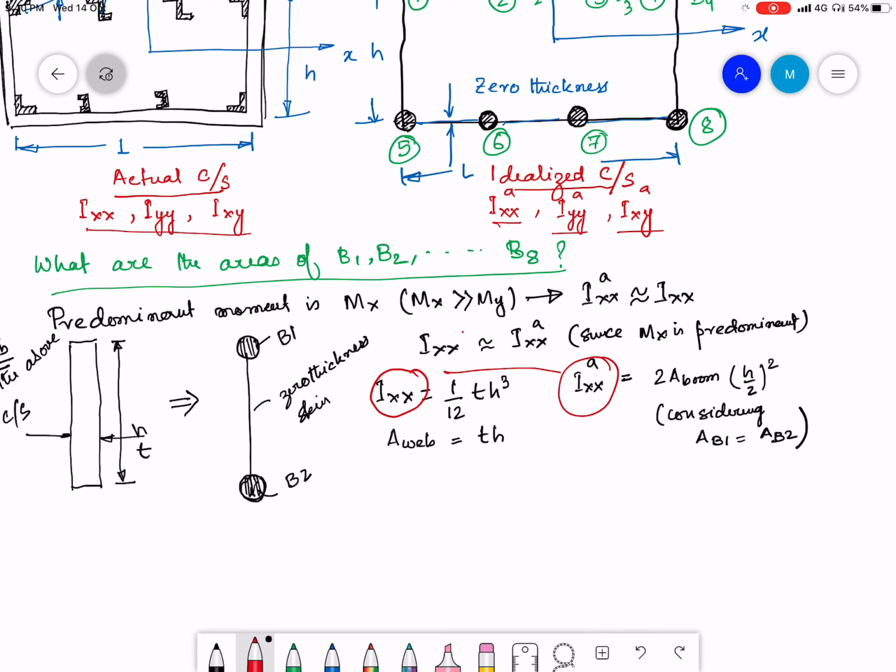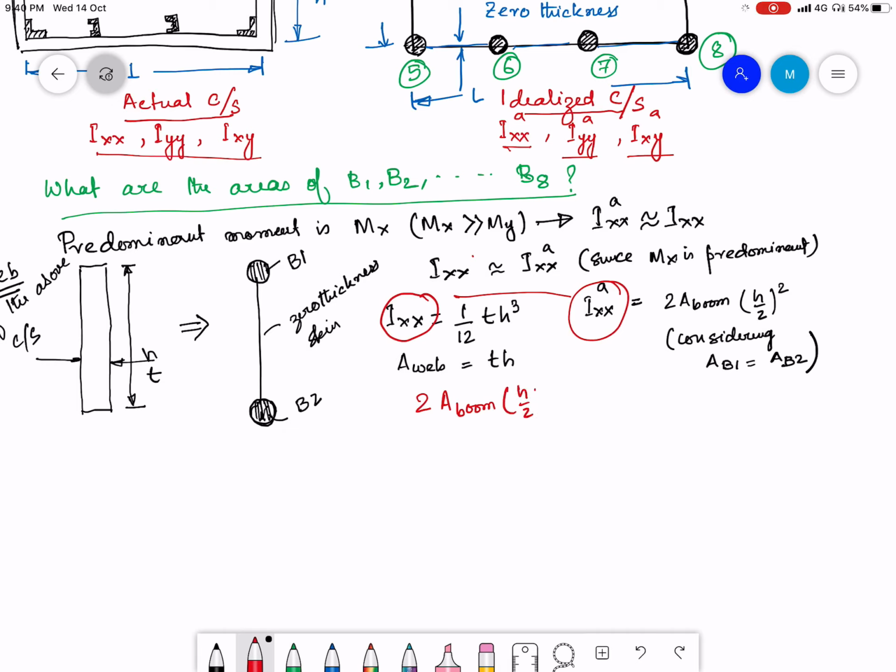So if I do so, I can say that 2 a boom into h by 2 whole squared should be equal to 1 by 12 t h cubed.